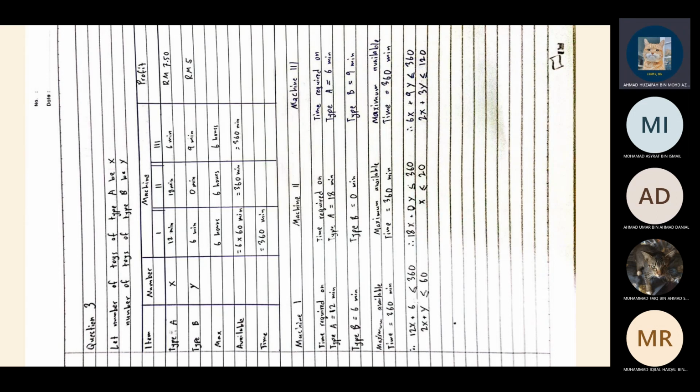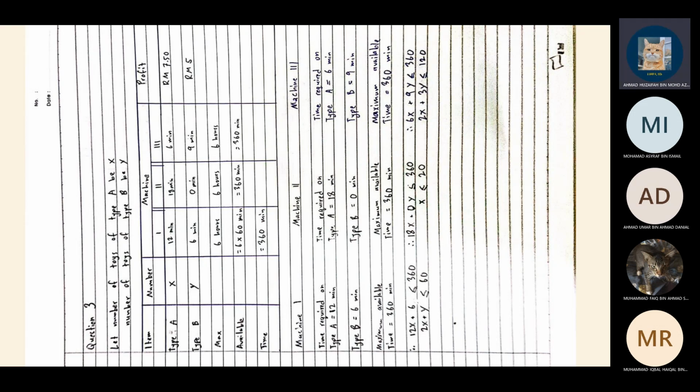In item, we have type A, type B, max available time. In number, we have X and Y. In machine, we have three machines. The first machine is 20 minutes, 6 minutes, and 6 hours, 6 times 60 minutes, so the time is 360 minutes.